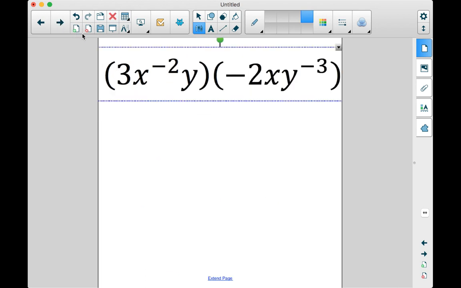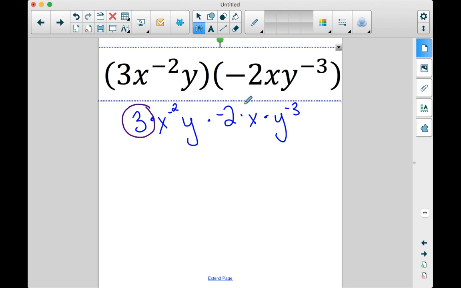I want to end with one final example, and this is probably the most challenging example, so we're going to go through it one more time. Because of my associative property, I can ungroup or regroup in multiplication. So I'm going to find my like terms.